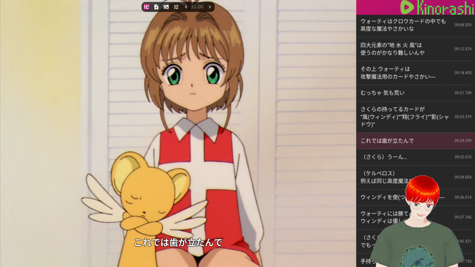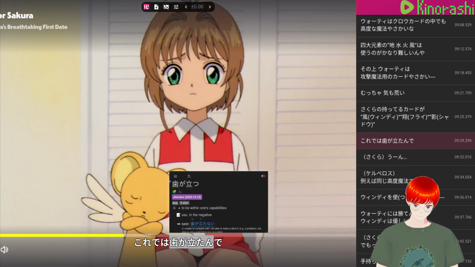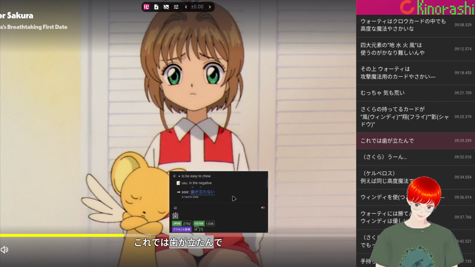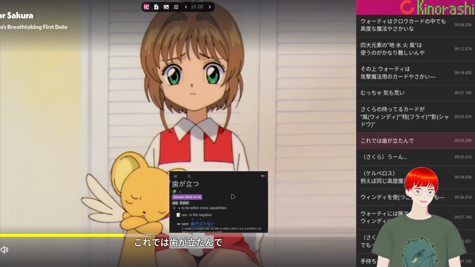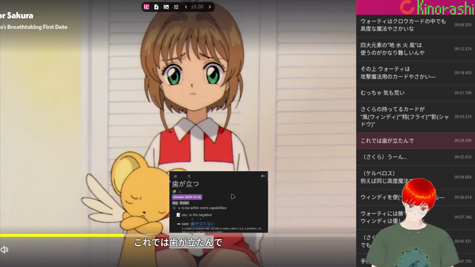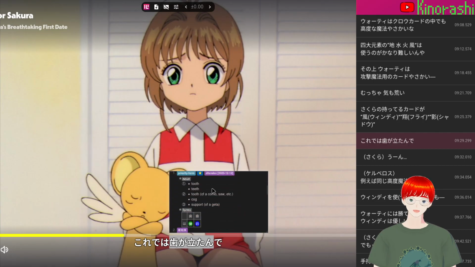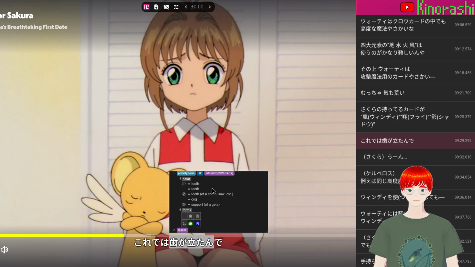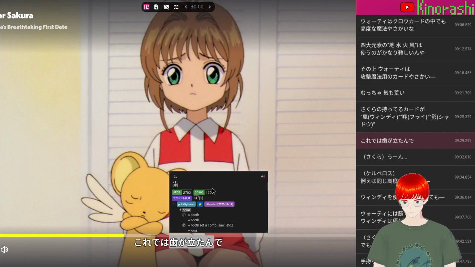これでは歯が立たん. Ha ga tatsu means to be within one's capability. That's that expression we saw before, ha ga tatsu, yes, ha ga tatan.